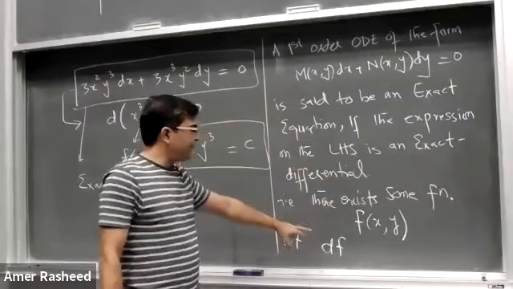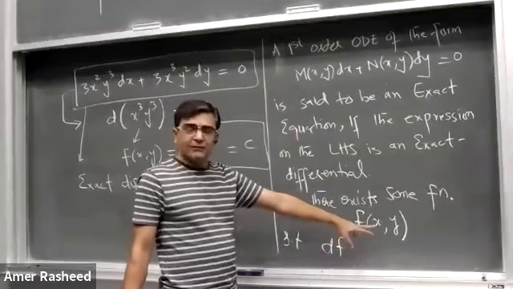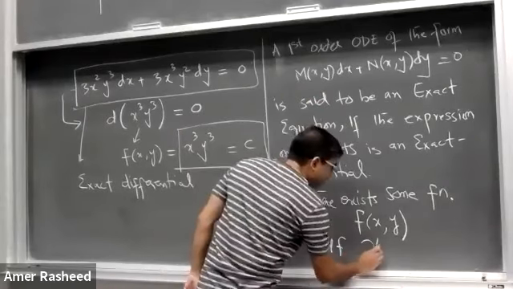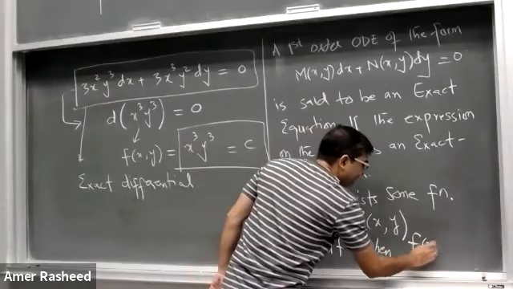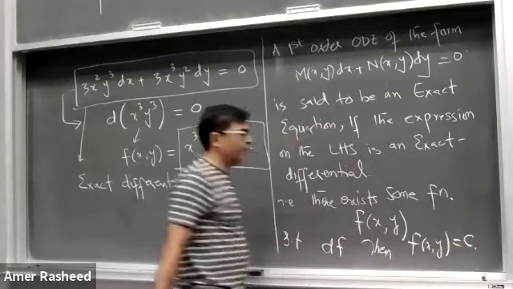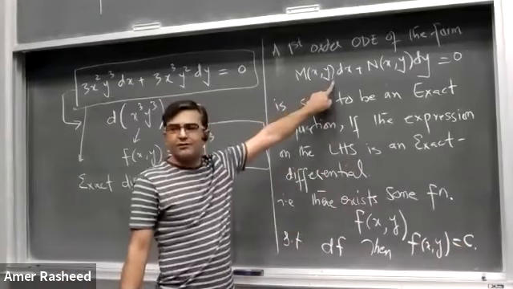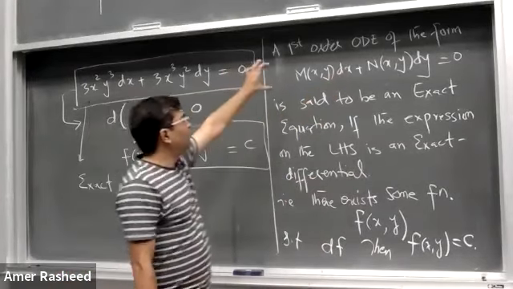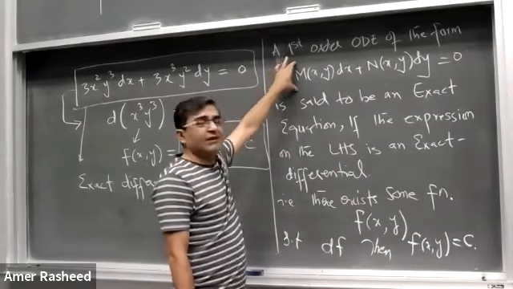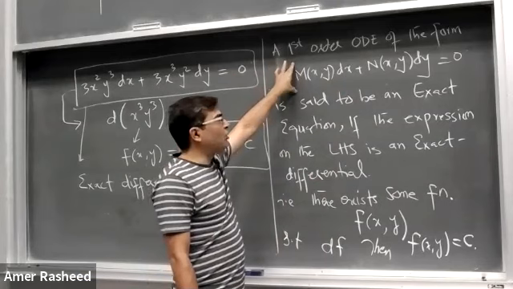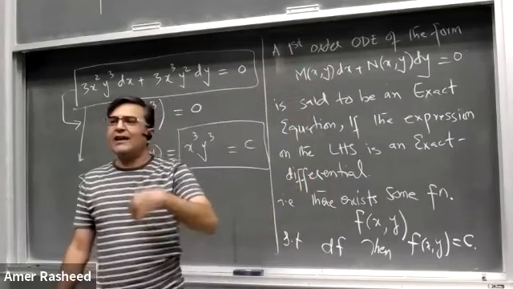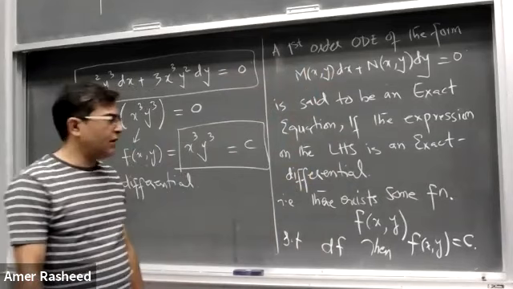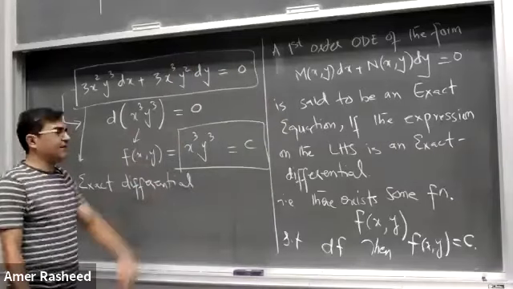If there exists some function f of x, y whose differential is the left hand side, then f of x, y equal to c will be the solution of this differential equation. This is how it works. So this first order differential equation will be called an exact ODE, or simply an exact equation.